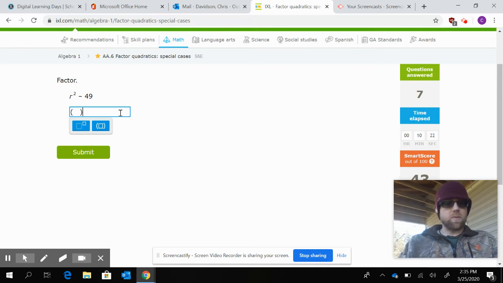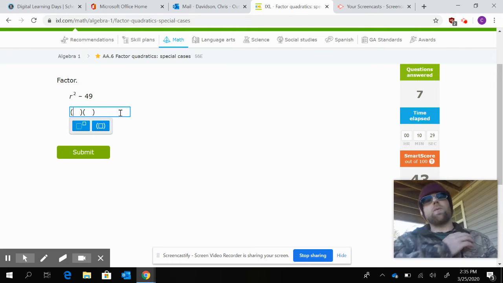So I'm going to put my 2 sets of parentheses. Now what's the perfect square of the 1 in front of that r squared? It's a 1. But we don't have to put that, since it's an understood 1. We can just go ahead and put r and r.